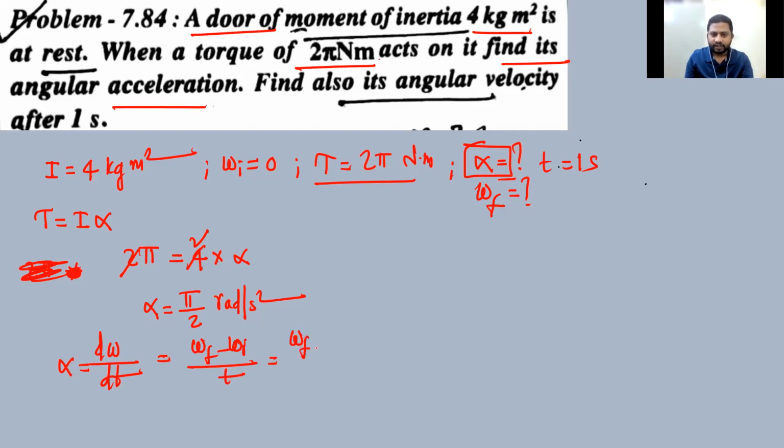Time is 1 second and omega i is 0. So omega f is equal to alpha. Alpha we have got as pi by 2. So omega f is equal to pi by 2 radian per second. Okay.